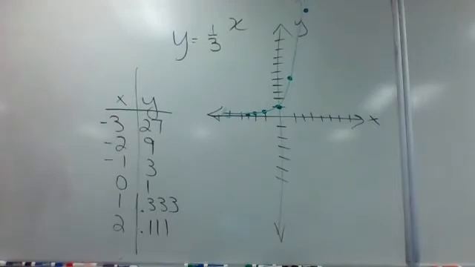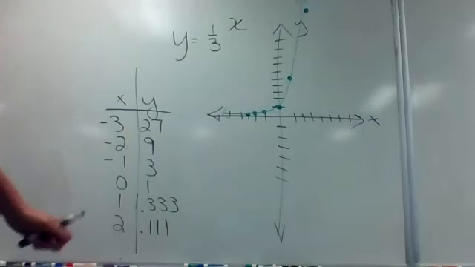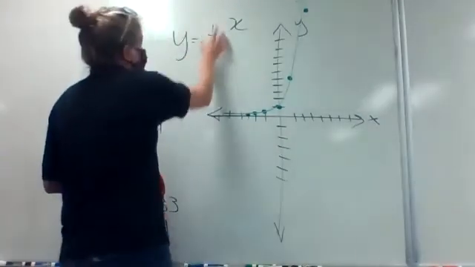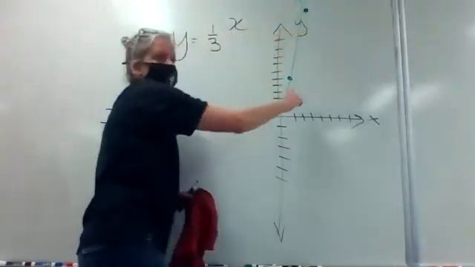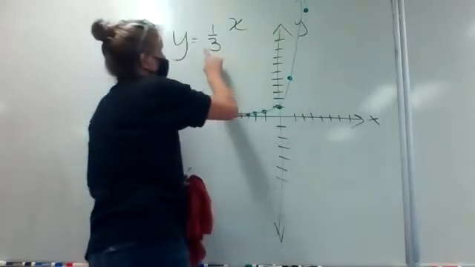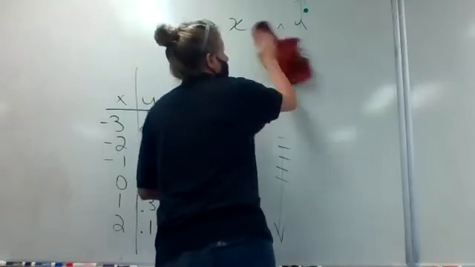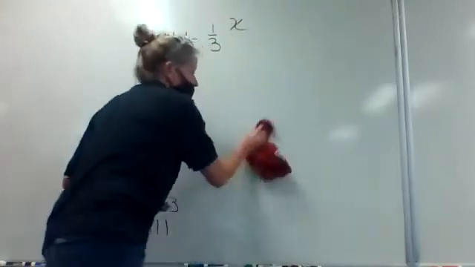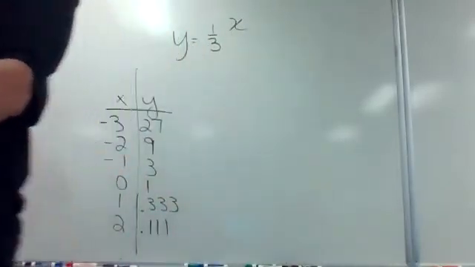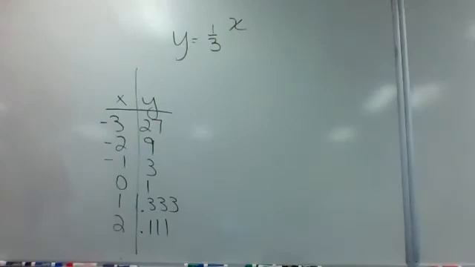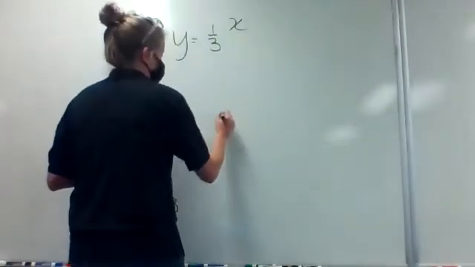Okay, so let's look at what these look like. So you'll notice that if this number is greater than 1, it's going to have this shape. So this one is less than 1, which means it's going to have the same shape, but the actual steep part of it is going to be on the other side of the y-axis. So let's plot these points.